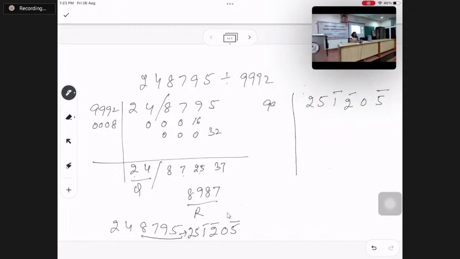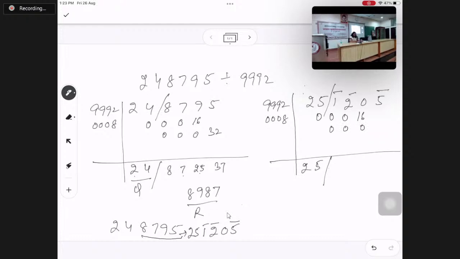So it is 9992. This is 0008. Let us divide. Put a slash here. First number as it is. 2 into 0 is 0. 2 into 0 is 0. 2 into 0 is 0. 2 8s are 16. 5 plus 0 is 5. Put a slash. 5 into 0 is 0. 0, 0.